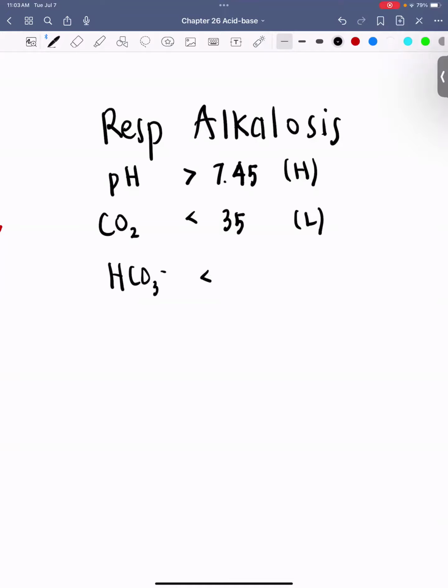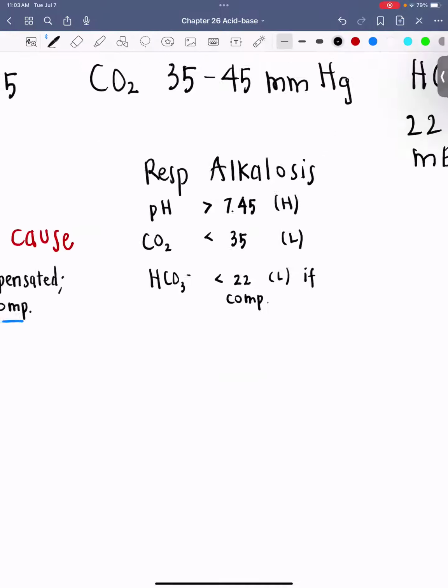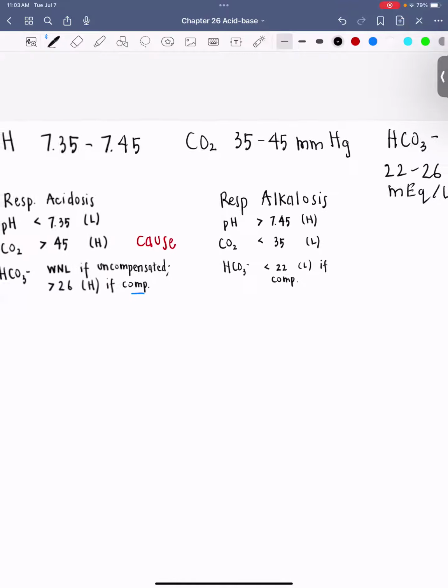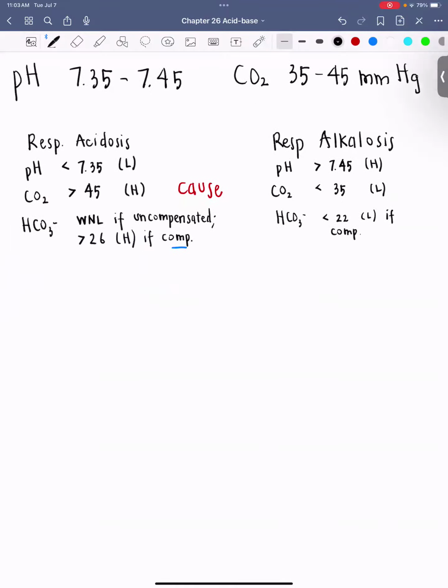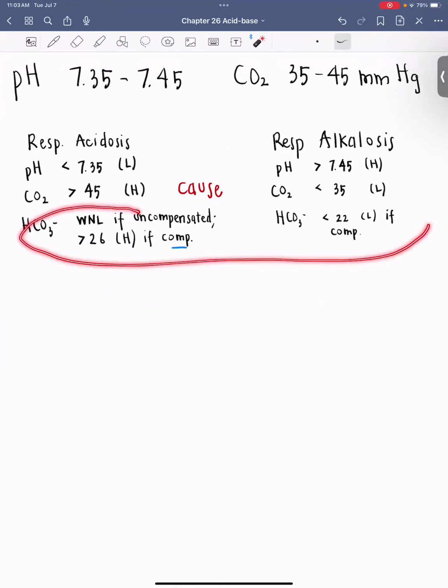But in this case, it will be low, less than 22, if the kidneys are compensating. So in the case of respiratory acid-base imbalances, notice that the compensator, which is the bicarbonate, is going in the opposite direction of the pH.